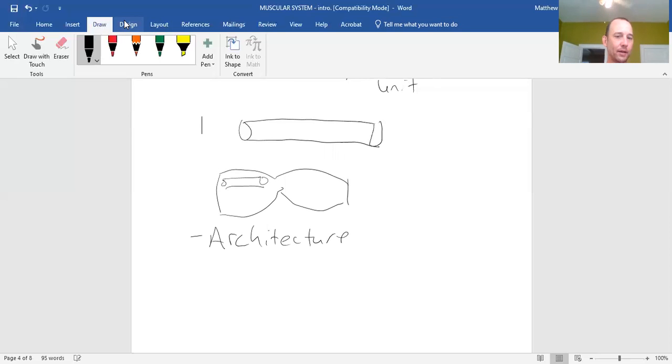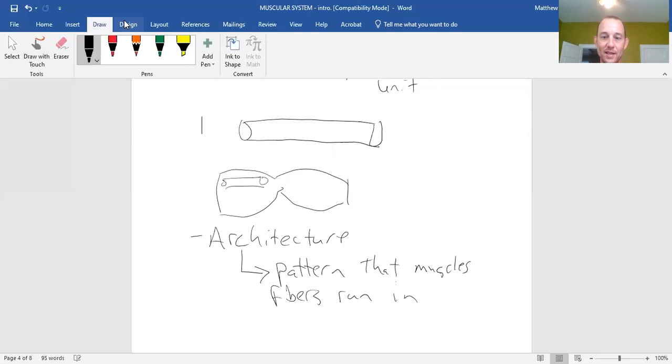And the architecture of a muscle is based on the pattern that the muscle cells, or muscle fibers, run within the muscle fascicle.